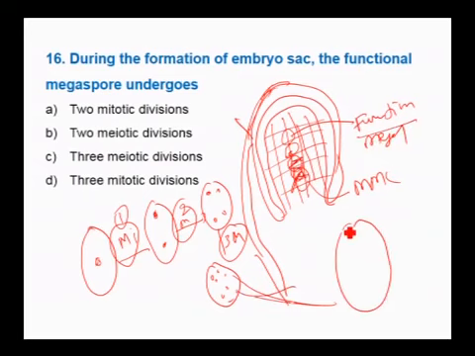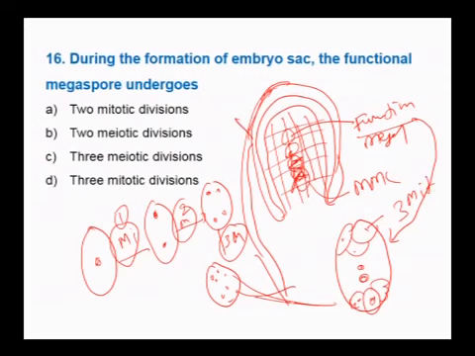Once the 8 nuclei are formed, 2 nuclei move to the center, which are called polar nuclei as they move from the poles, and these 3 are called antipodals. Here the egg apparatus has an egg cell and 2 synergids with the filiform apparatus. Therefore, a functional megaspore develops into a mature embryo sac by undergoing 3 mitotic divisions.